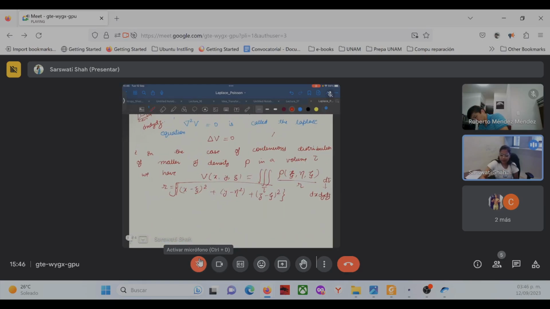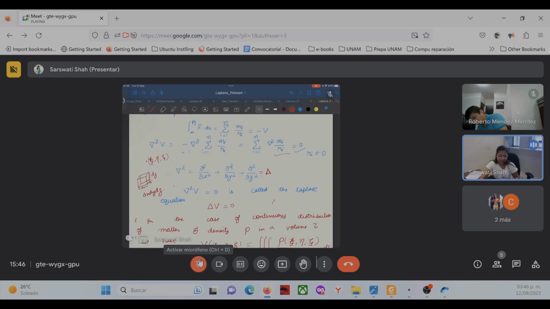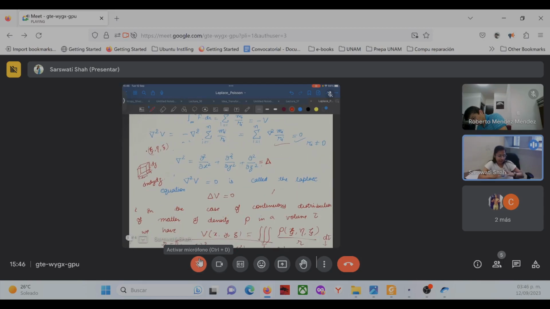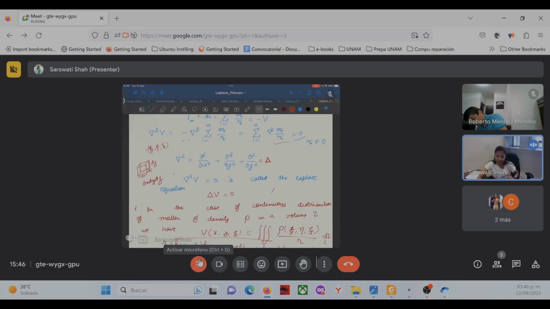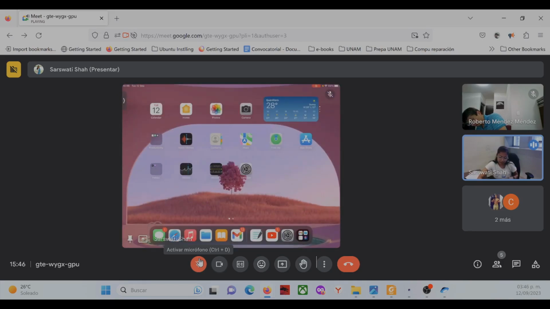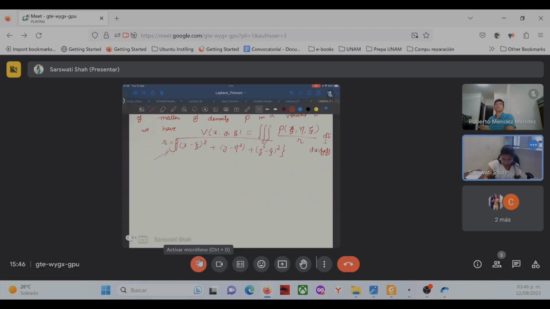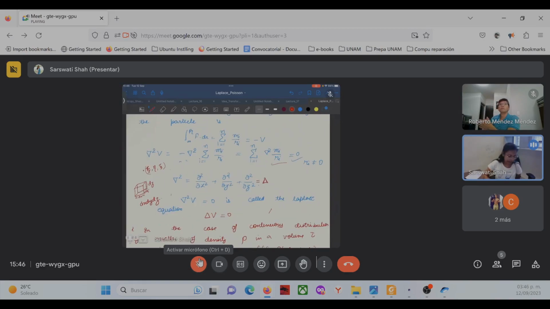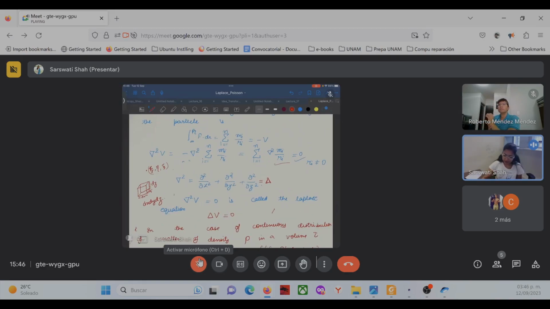Just use these values in this equation. Although it is done, I'm not going to do it, it is a long derivation. Just use this and take the summation, and you will get 0.